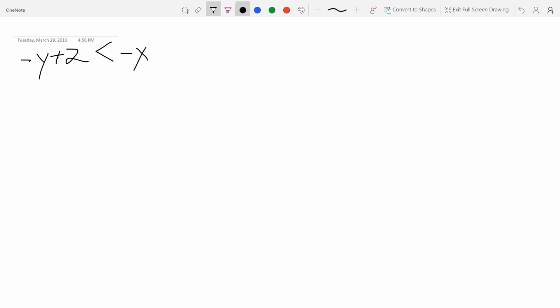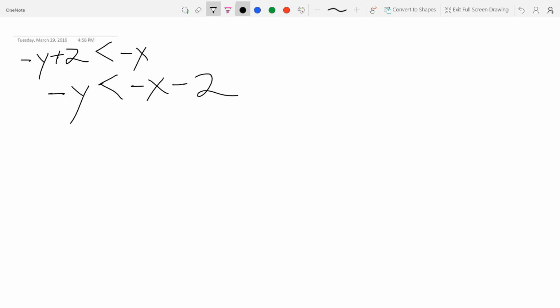So what's the first step? Subtract 2 on each side. Okay. In other words, that's almost always the first step, to get rid of anything that's being added or subtracted to it. Now we're almost there.